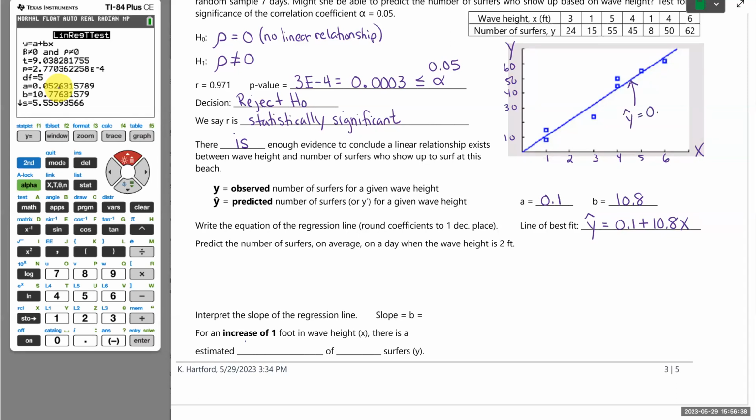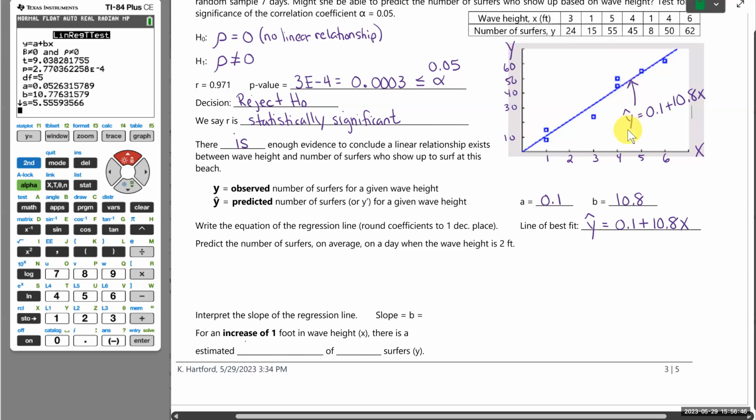All right, so that's the equation of the line. So the idea is we can now use that line to make some predictions. And in particular, we're going to predict how many surfers will show up on average on a day when the wave height is 2 feet. So we didn't collect any data for wave height of 2 feet, but I can now make some predictions.